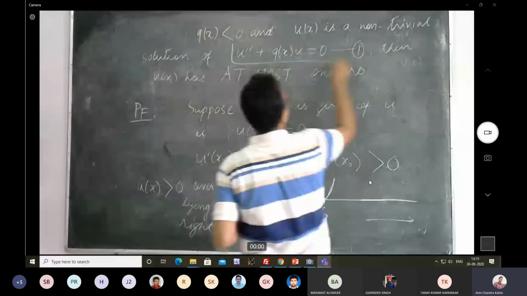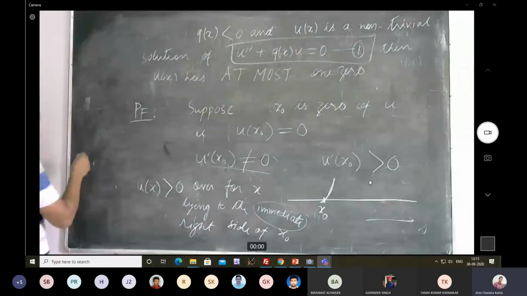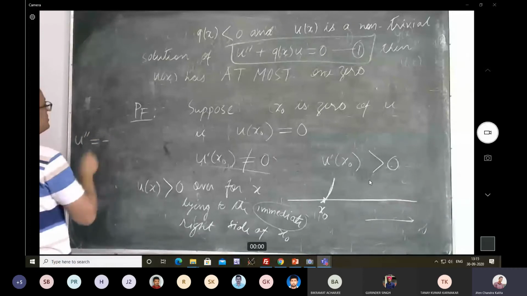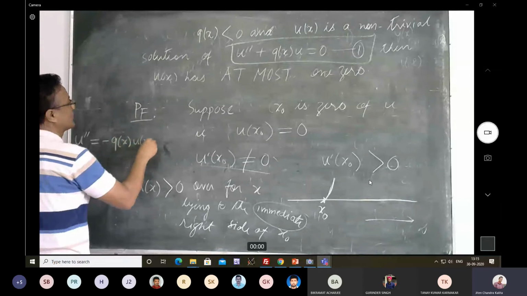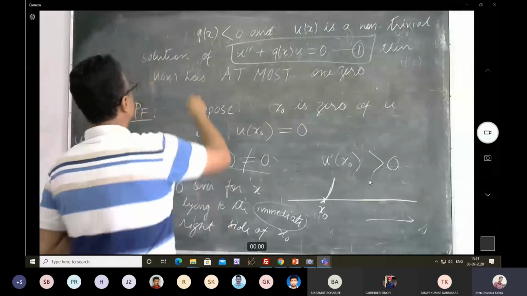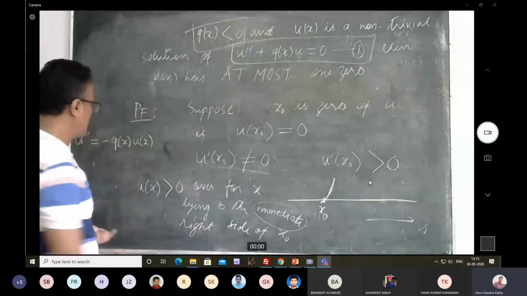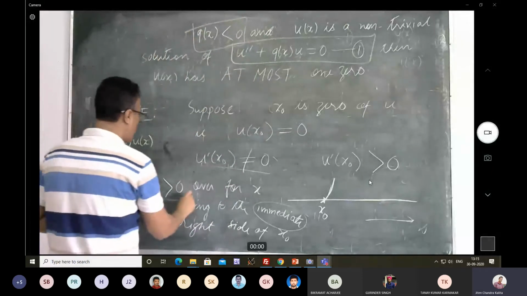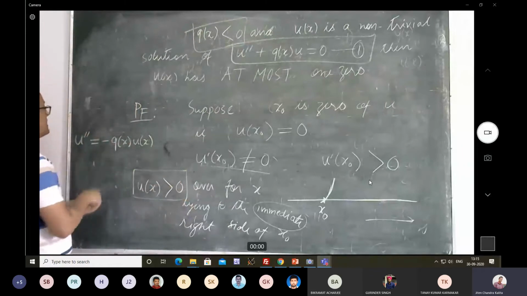From the differential equation, what do we get? u double prime is equal to minus q(x) u(x). What is the very first condition? q(x) is less than 0, and we have already found out that u(x) is greater than 0.